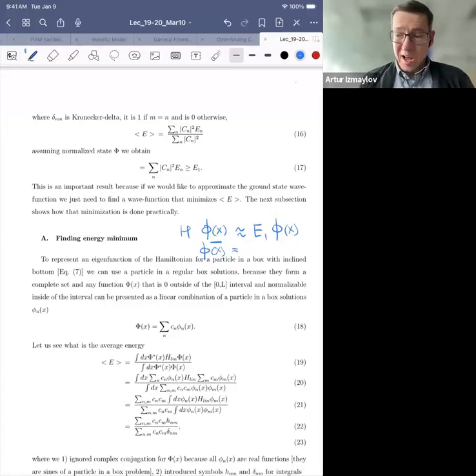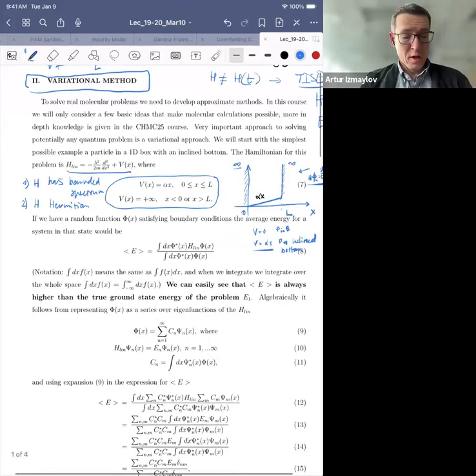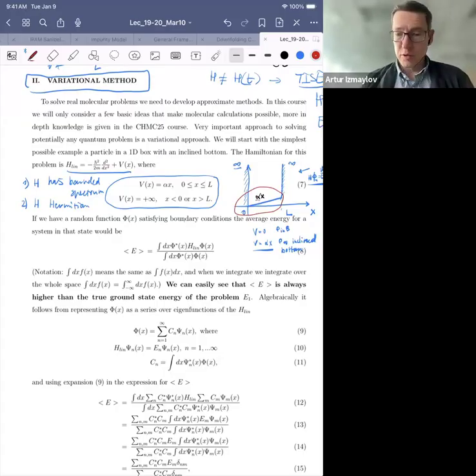To avoid unnecessary abstraction, that's the reason why I've chosen this particular example: we are considering the box that is infinite, but we have a somewhat different bottom, the potential is slightly different. Especially if alpha is small, the potential is really close to what we already know how to solve, which is a particle in the flat box, right?